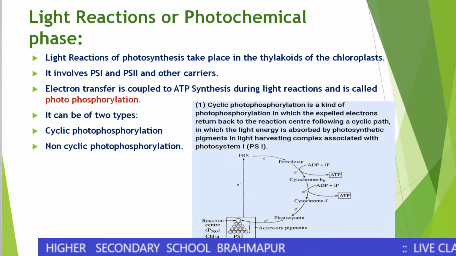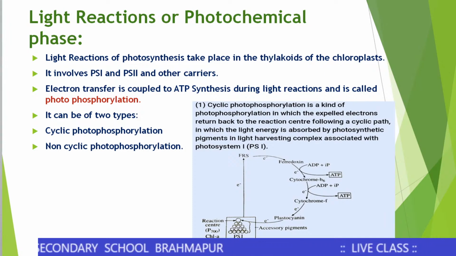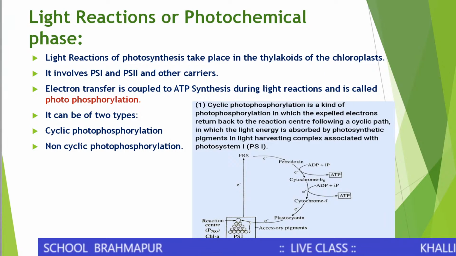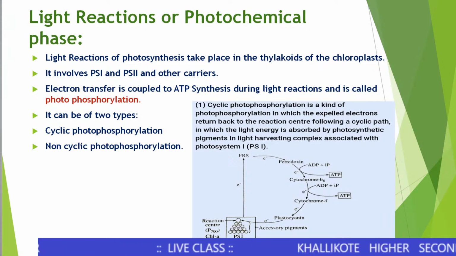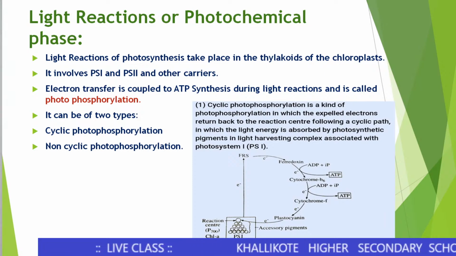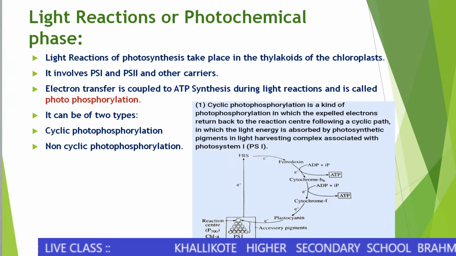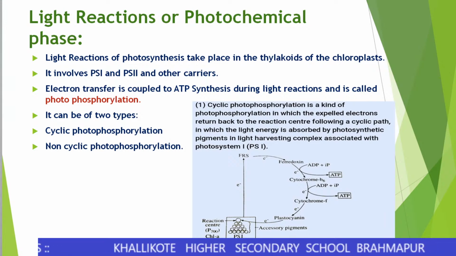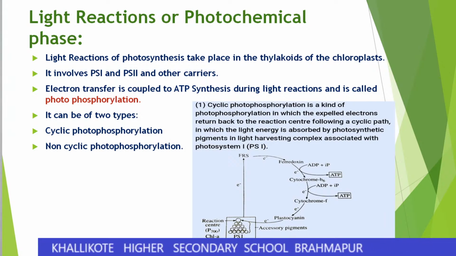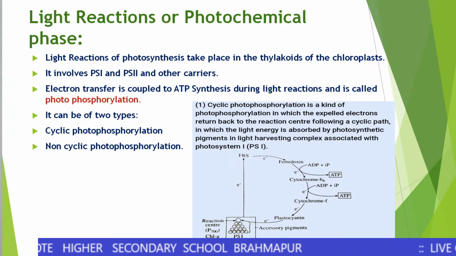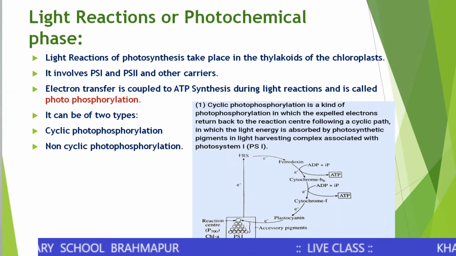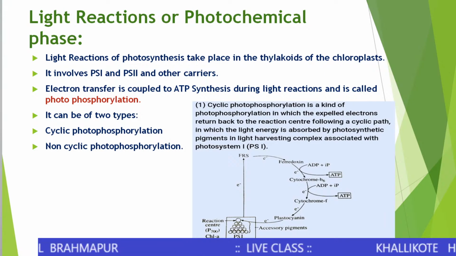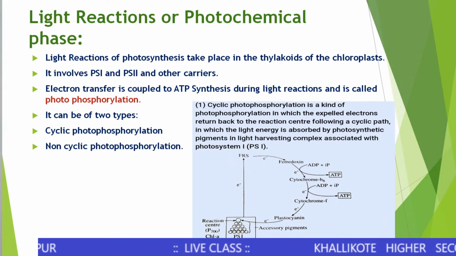The other is called the light independent phase, commonly known as the dark phase of photosynthesis. The dark phase does not mean it occurs in darkness, but it is a light independent phase where the products of the light reaction are used in the reduction, or fixation, of carbon dioxide.